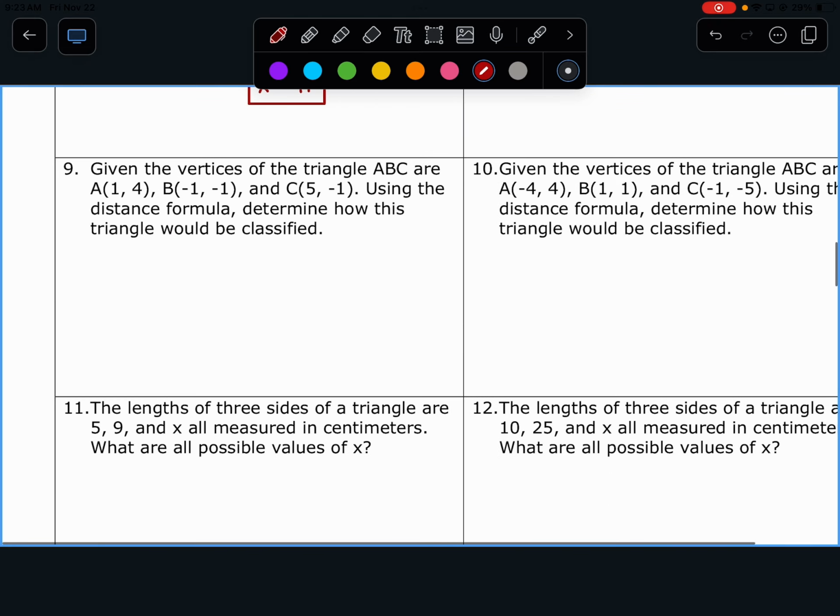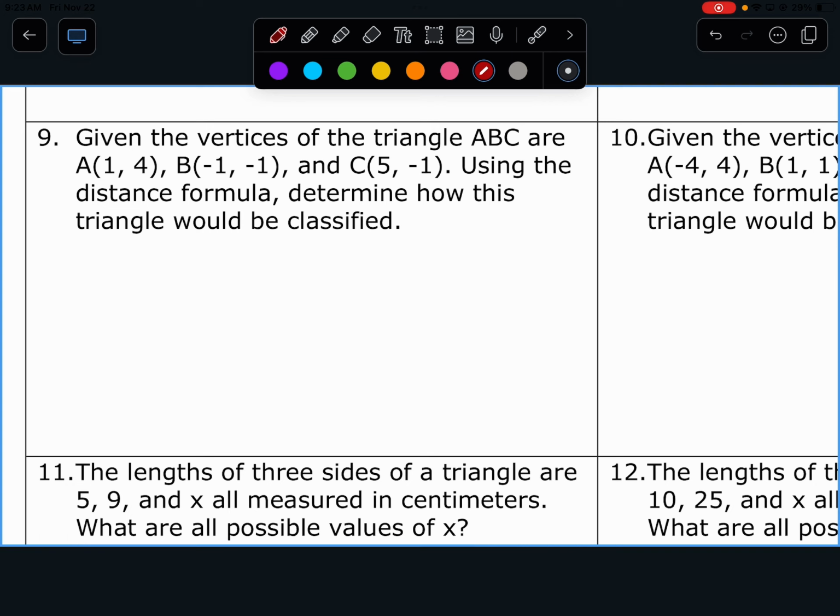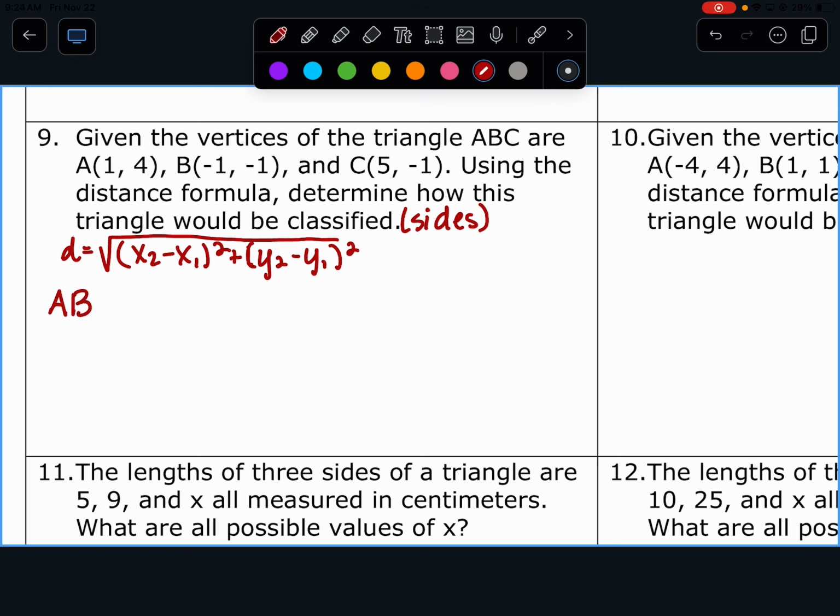Number 9, given the vertices ABC, we're going to classify using the distance formula. So we're going to classify by sides. All right, again, we've got the distance formula. And we're going to go ahead and do AB first.